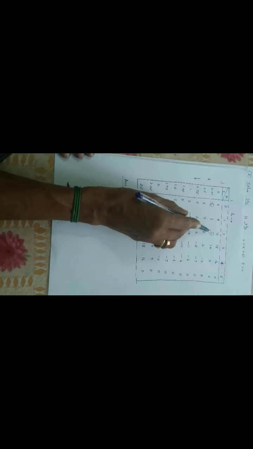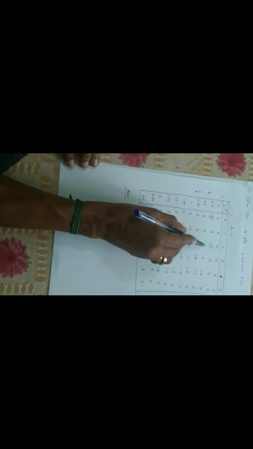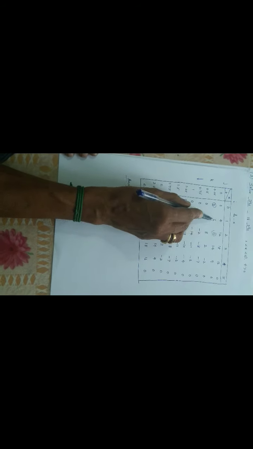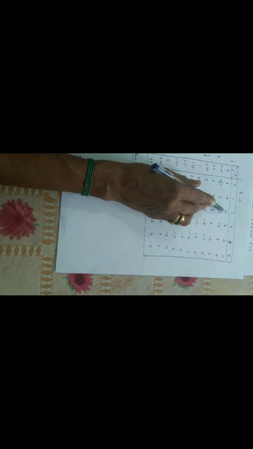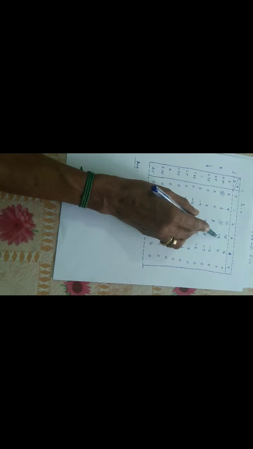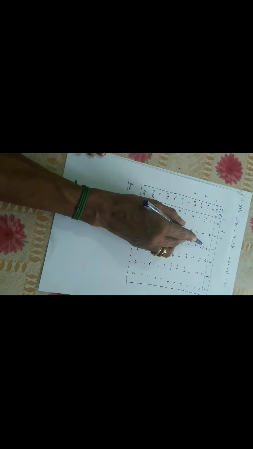So 0 plus 11 minus 4, 7. If you want to calculate this value, 6 plus 14, 20, 20 minus 12. So we are taking the sum of these two minus the value from the previous level, ignoring this point. So we'll get 8. Like that we can proceed. I think we have to move up to this.